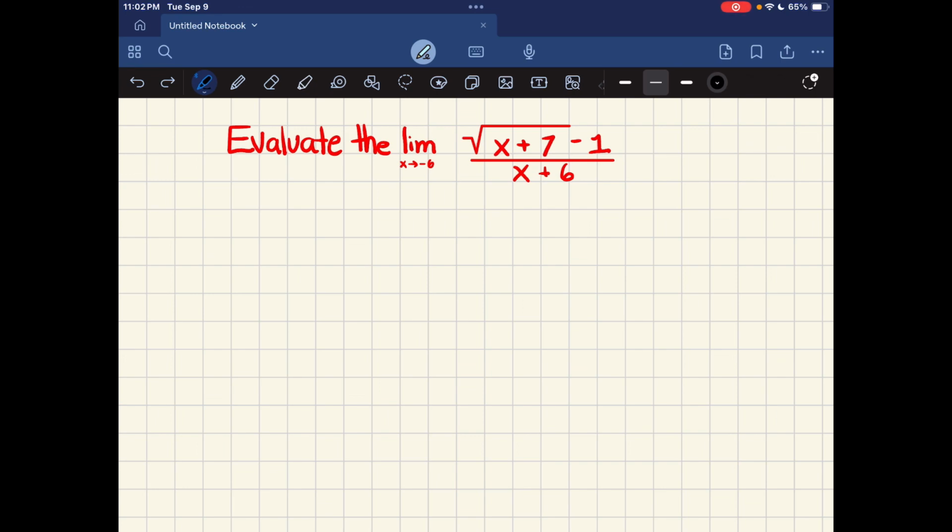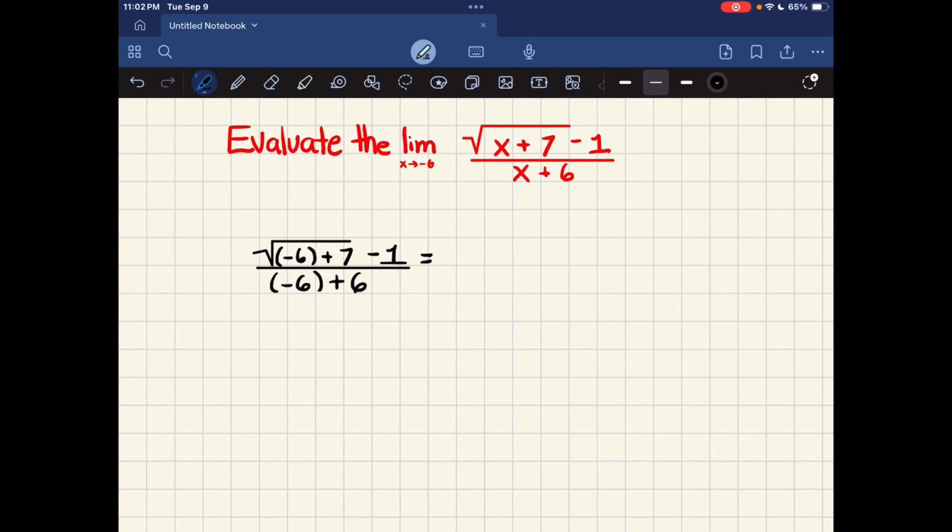So as you can see, instead of x, we just do negative 6 plus 7, minus 1, over negative 6 plus 6.